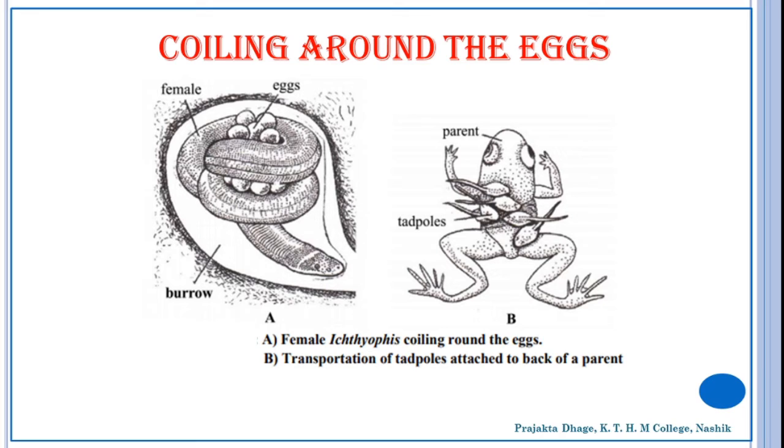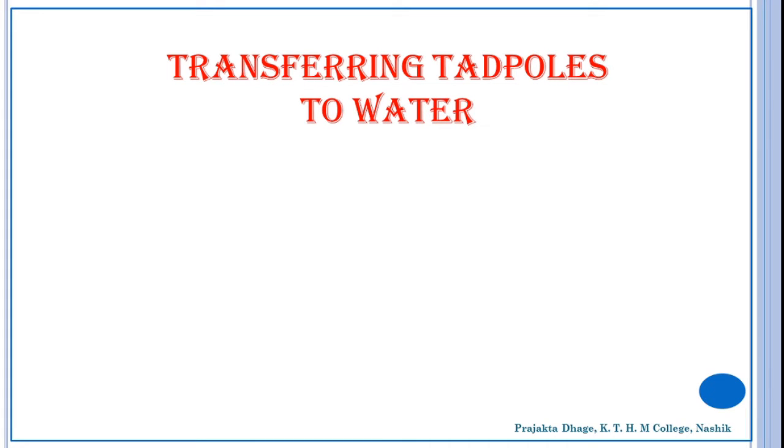The flattened abdomen of the tadpole also helps in this process. After getting attached, the adult frog takes them to the water body, resulting in their transportation to the water by the adult frog. So this is the example of transferring tadpoles to the water.